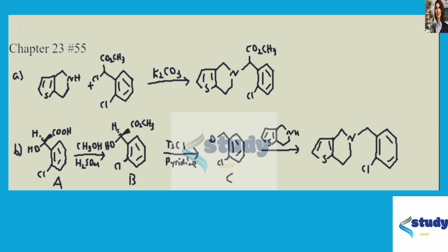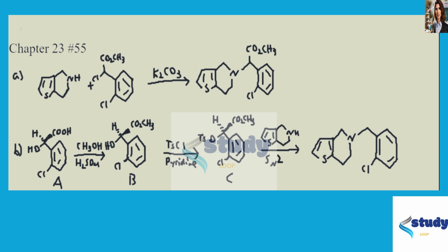And of course, the reason for doing that is to turn an alcohol into an easily displaceable group for an SN2 reaction. And so that is what's going to be happening next. So this is just going to be an SN2 displacement.